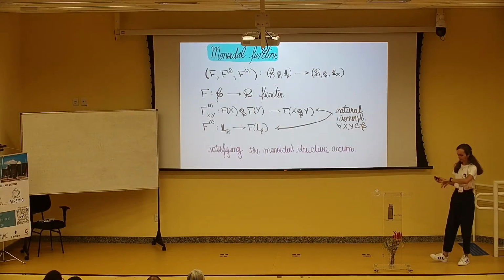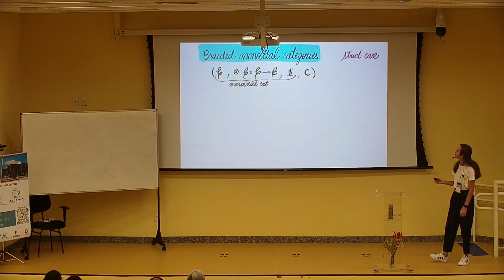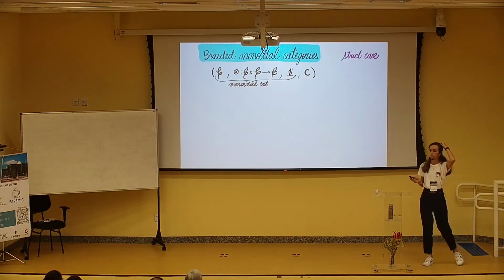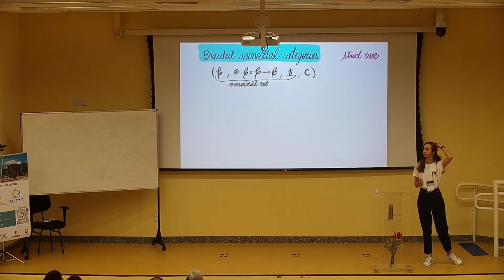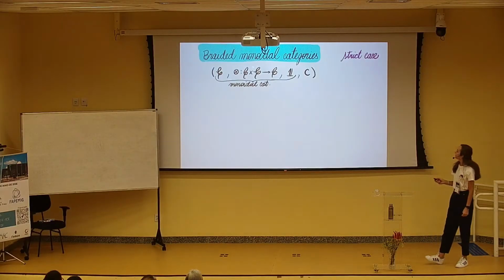And I want to talk about braided monoidal categories. My monoidal category, I'm assuming that this is strict. This is not something weird, because every monoidal category, by MacLane's strictness theorem, is equivalent to a strict one. What is that?